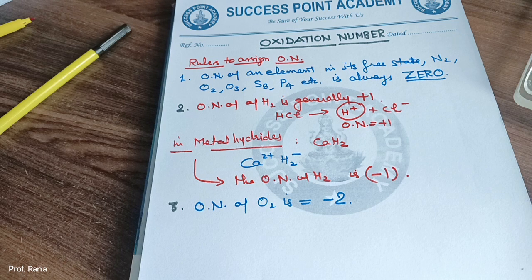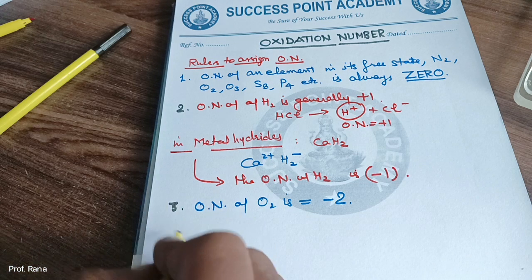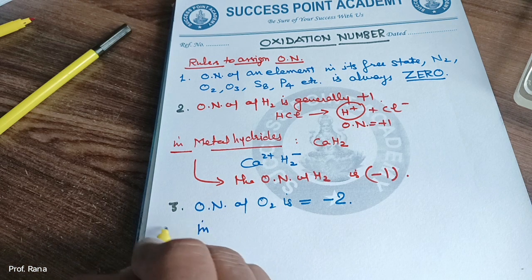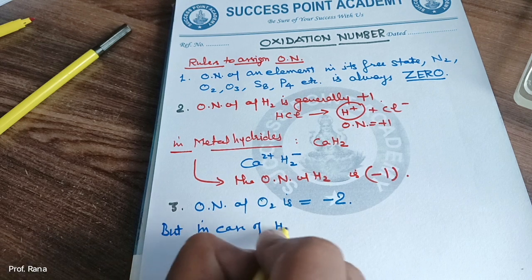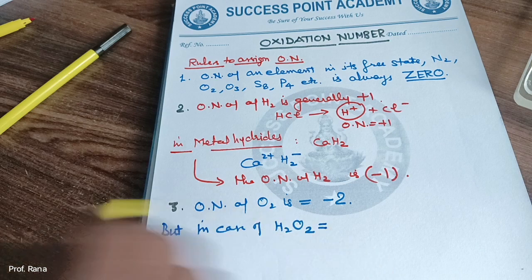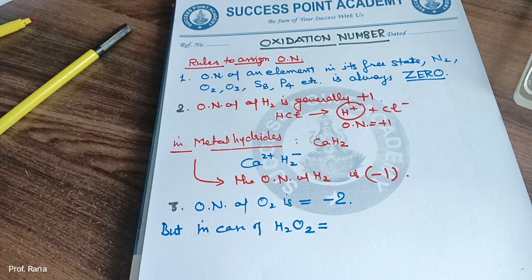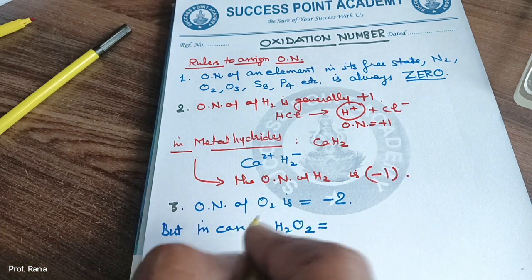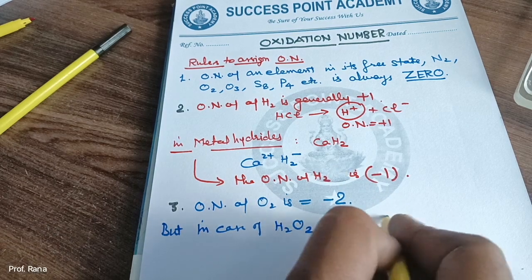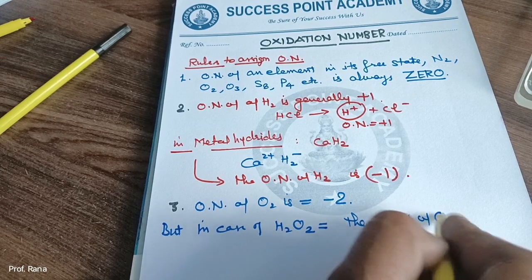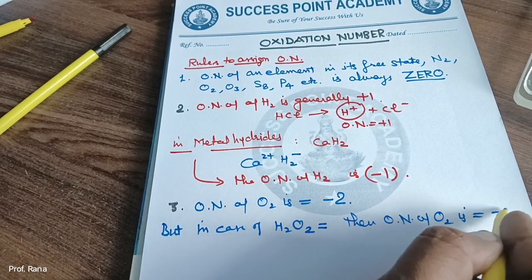But in case of hydrogen peroxide, H2O2, remember, the oxidation number of oxygen is -1.